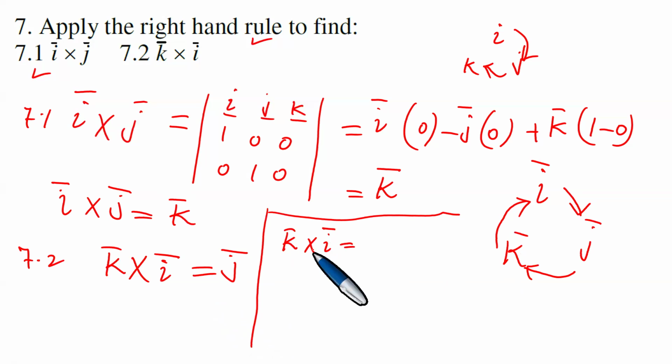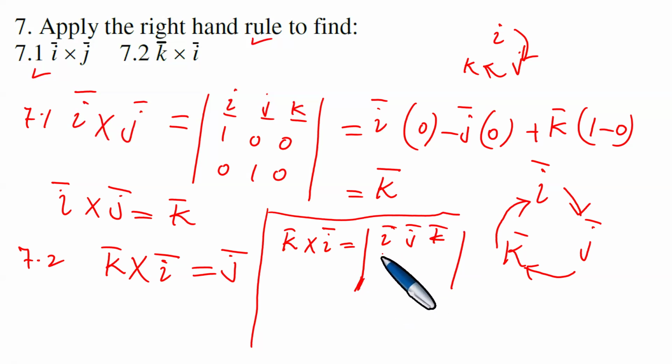That would mean we then have I, J, K. What is K?